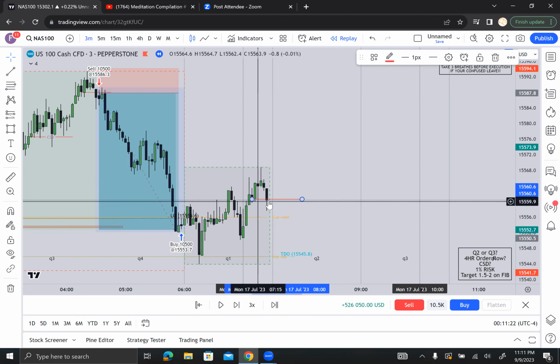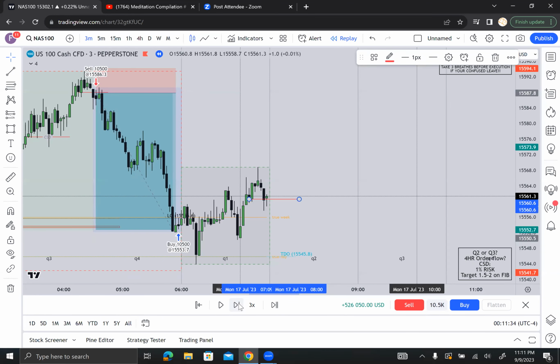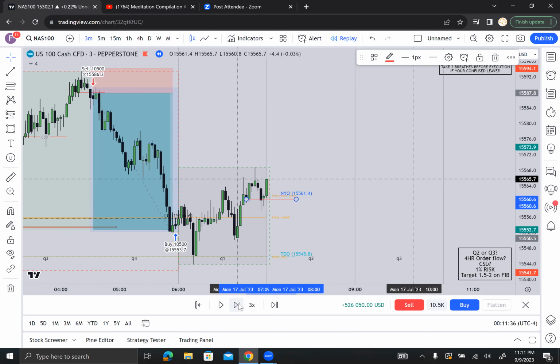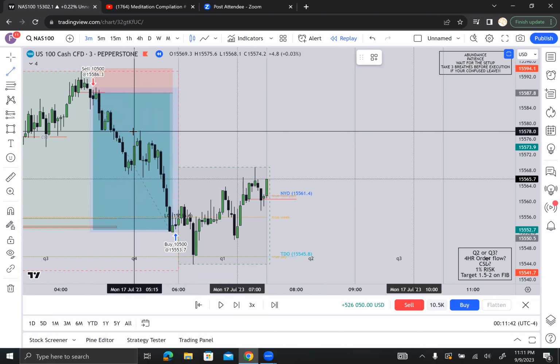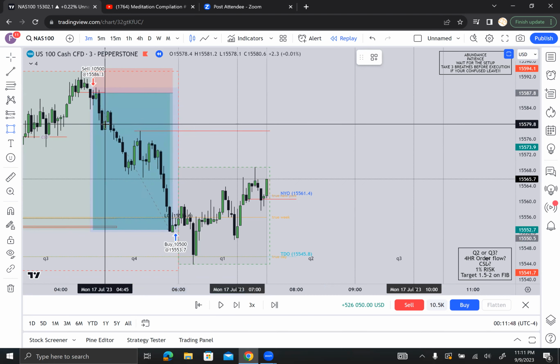That's very small. It all depends on how this close is gonna be. I don't trust it. So Q2, what I'm expecting is a sweep of liquidity. Sweep here at least. Fair value gap here.